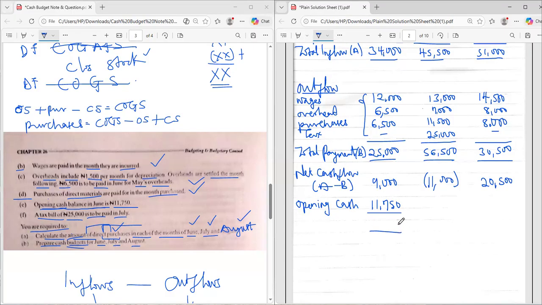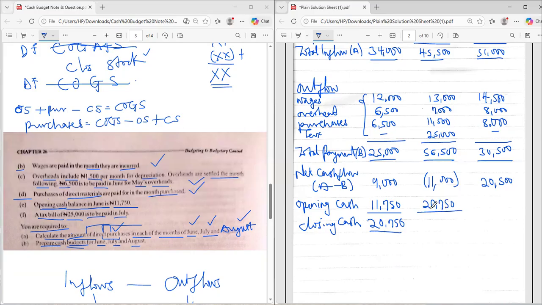How much do we have now? 20,750. This 20,750 is our closing cash for June. That's the cash balance that we close with. Take this money up here. That's going to be the opening for July.